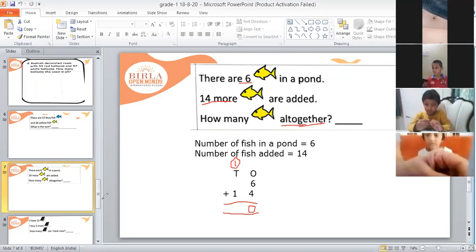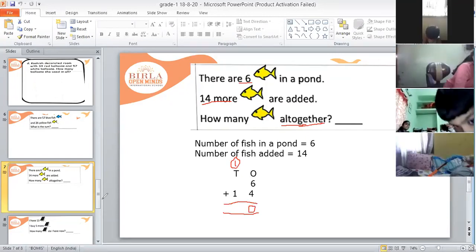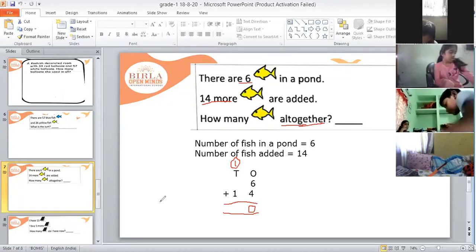So now we have to add the numbers in tens place. Mana, unmute yourself. Mana, tell me how many numbers are there in tens place? 1. Only one number is there. See, one more number is there as carry over.